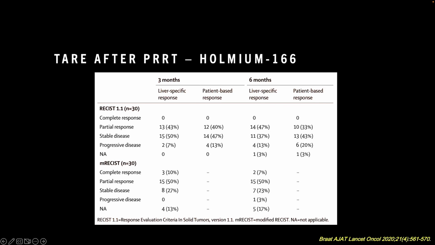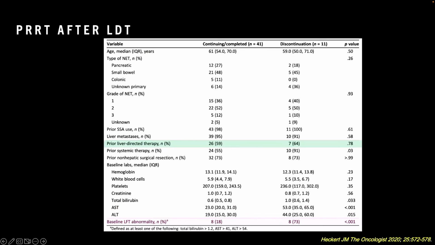Okay, here's just another one looking at a different platform using holmium. We don't have this in the United States yet, but it's showing that patients are still able to respond to radioembolization after PRRT, so it actually works, and we're not seeing the toxicities that we were very worried about. But what we do know is that if you have PRRT after liver-directed therapy, it's also probably okay. What tells you that you're not going to do well or you're going to develop liver problems is if, when you start those therapies, your liver's not functioning well, which just goes back to my patient selection.